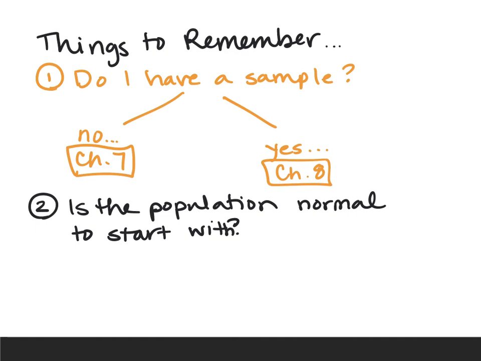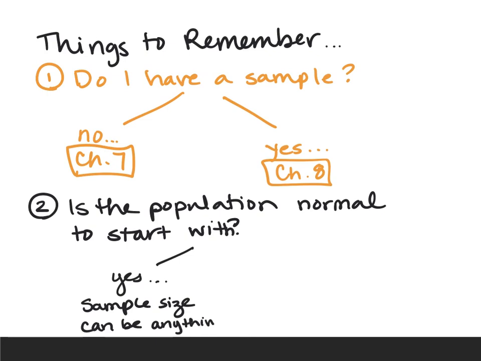And again, yes or no. If it is, then our sample size can be anything. So I can have a sample of size 2 or 2 million. I don't know why I would ever have a sample of size 2 million, but I could.